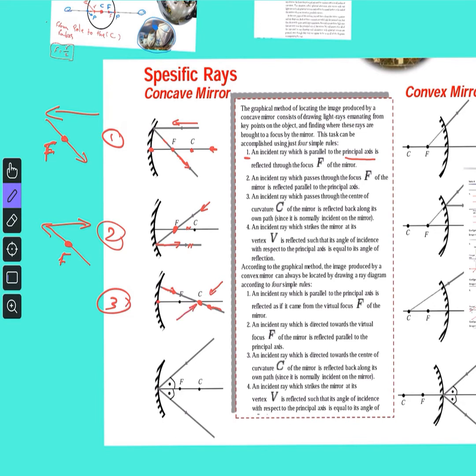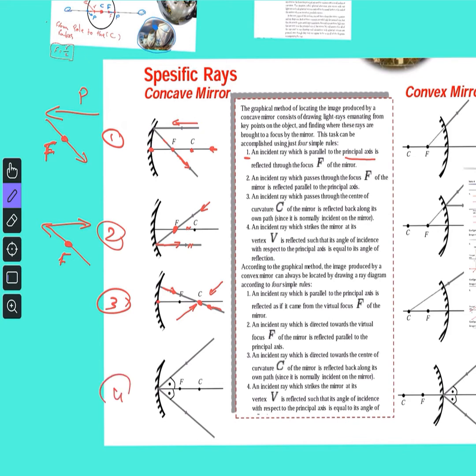Anywhere you like, send it through the center, it comes back through the center. Okay, so parallel, it must come back through the focal point, and when you send it through the focal point, it must be reflected back parallel. When you send it through the center, it comes back through the center.